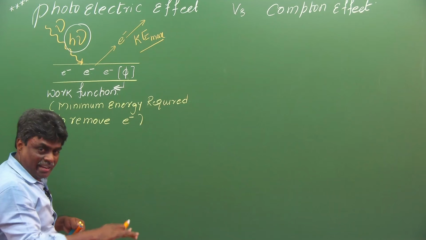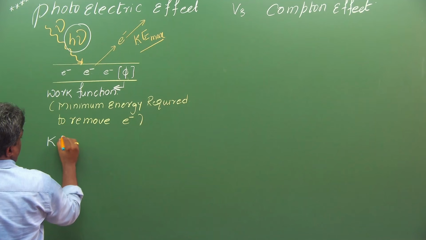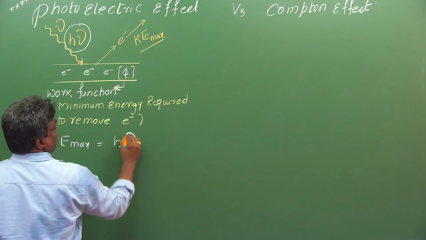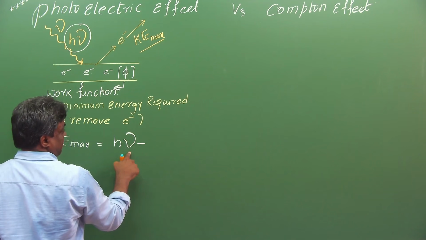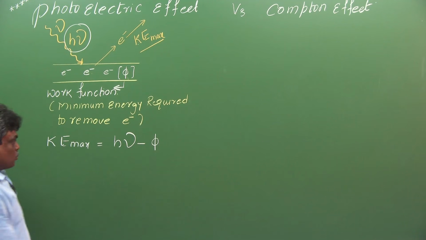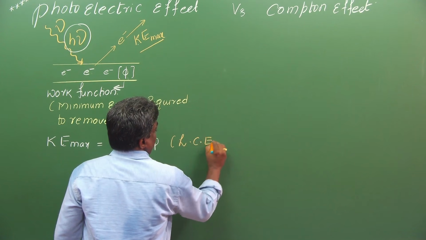Spending phi. How much you are getting? Getting equal to spending. Sorry, sending h nu, spending phi. That's it. So what does it mean? This is the law of conservation of energy.